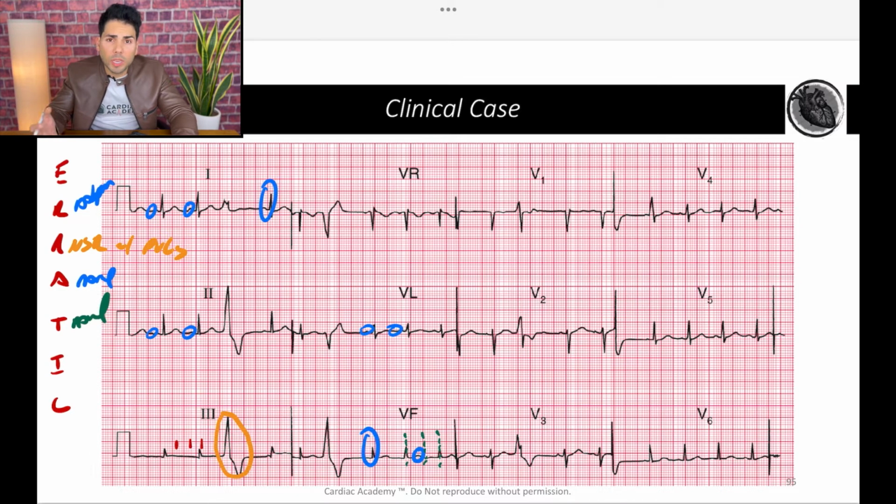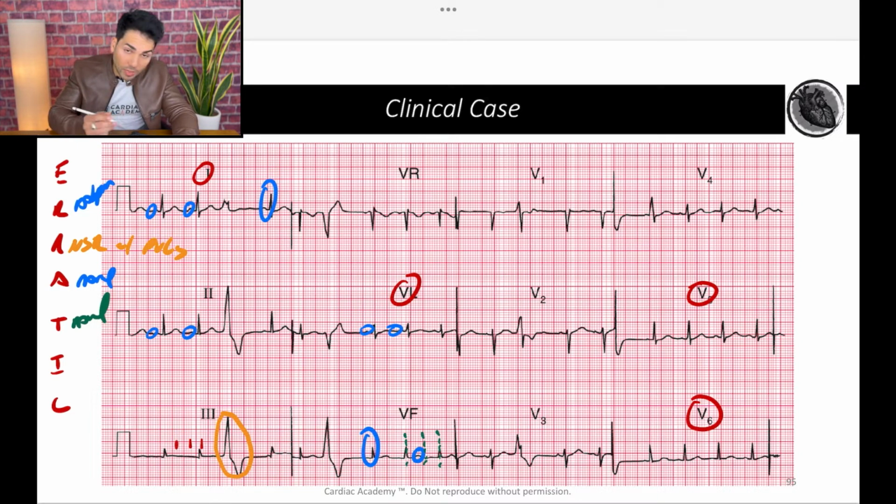Then I is for ischemic changes. We look for Q waves, ST depression, ST elevation, and T wave inversions, and we do that in the following anatomical regions. Lead 1, AVL, V5, and V6 for the left lateral leads. We don't see any Q waves, ST segment elevations or depressions, or T wave inversions either.